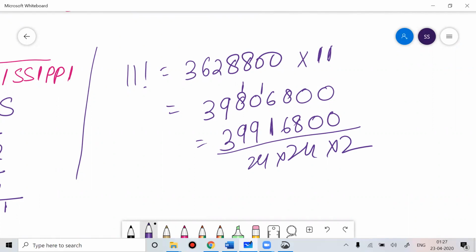If you divide this by 24 into 24 into 2, probably you'll get the answer as 34,650. You can calculate it. So you have 34,650 words.